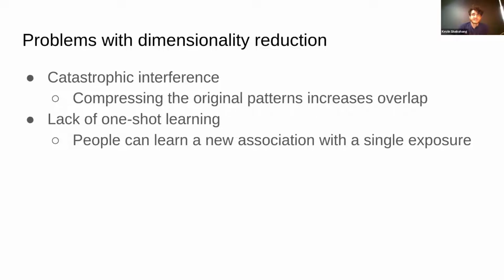In addition, these systems are not capable of one-shot learning. People can learn an association between two concepts after a single exposure, whereas a neural net approach like Word2vec requires multiple epochs through the same text corpus to capture the same kind of structure.